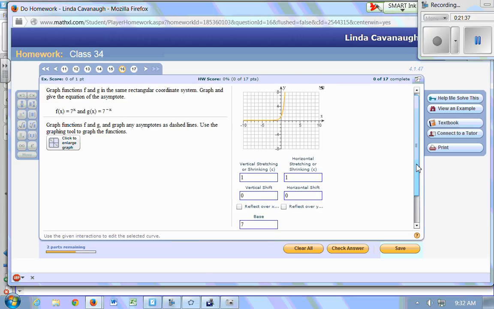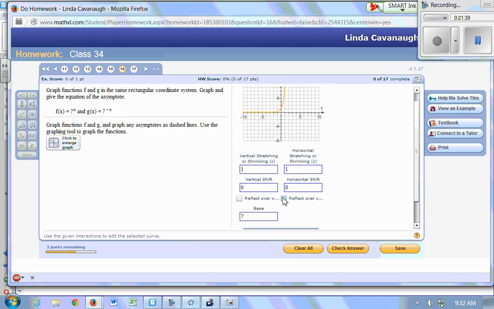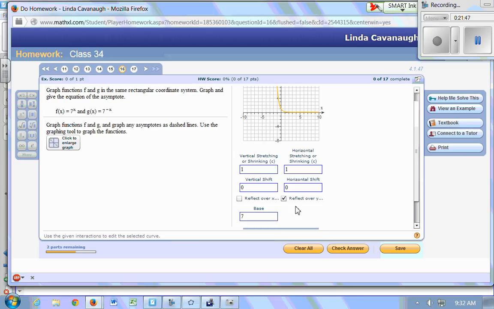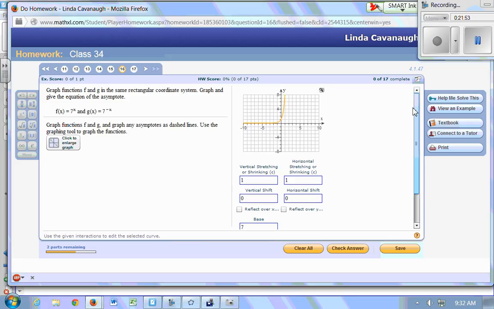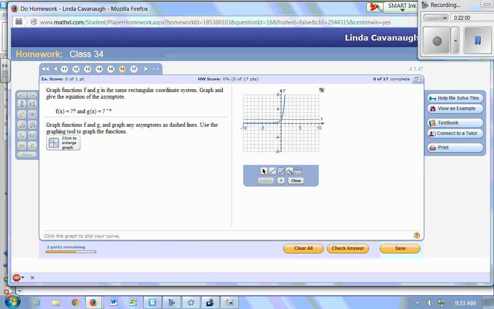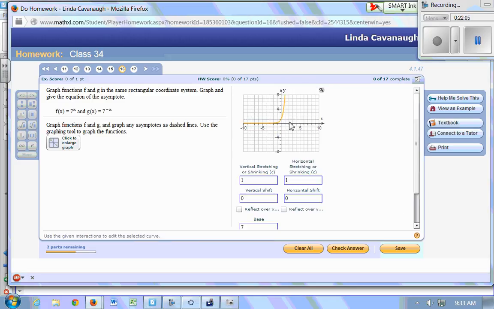And then all I want to do is reflect over the y-axis. There we go. 0, 1.